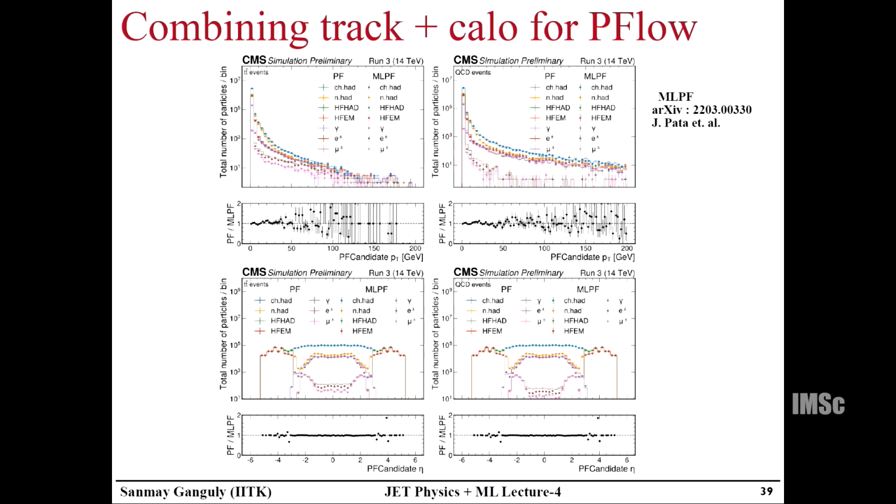And here you can see a performance plot: there is a canonical event reconstruction method called PF, particle flow, and then there is a machine learning based version of the same method called MLPF.